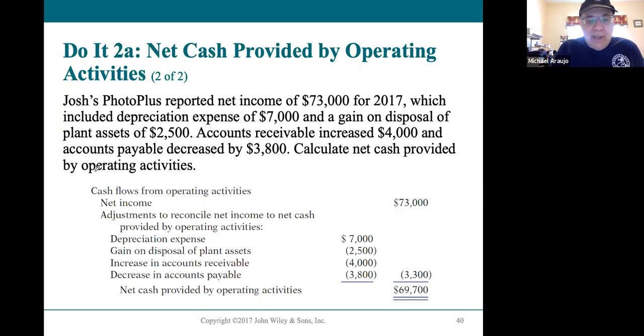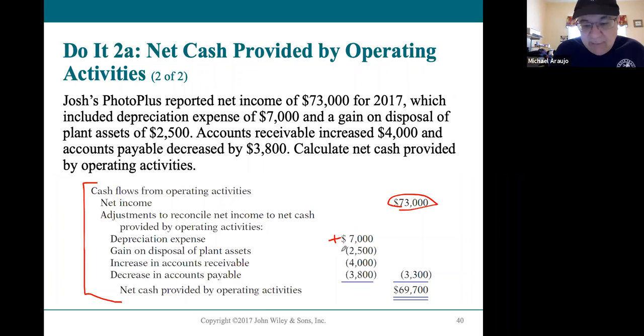So what you have here is the solution to the do it exercise problem, right? You start with the net income. We're going to add back our depreciation expense. We are taking away our gain because we're reversing our gain. An increase in a current asset often means we had to use cash to do it, or we gave up cash to do it.